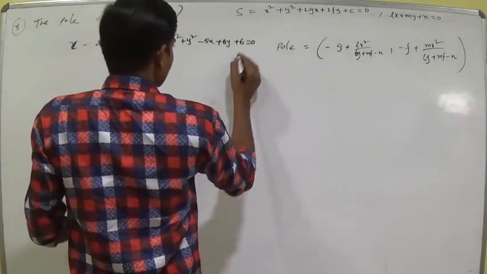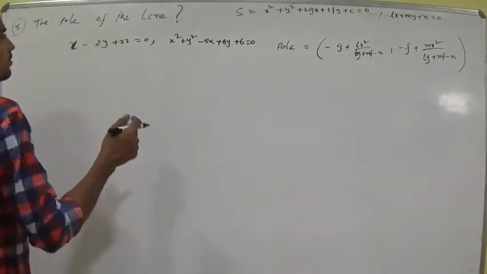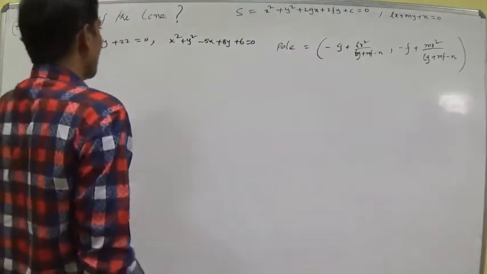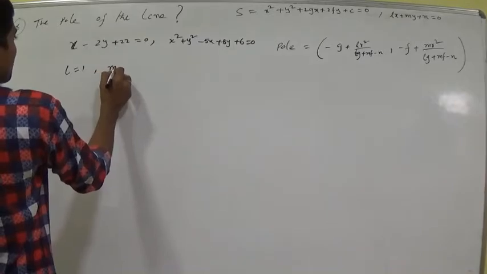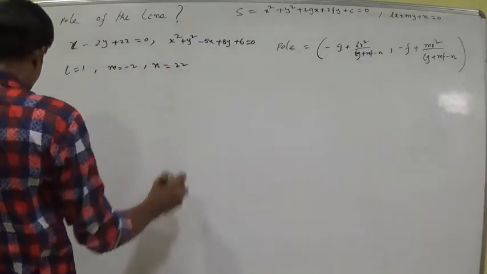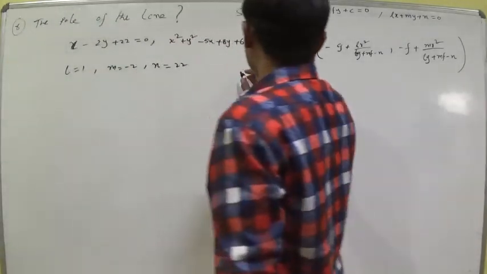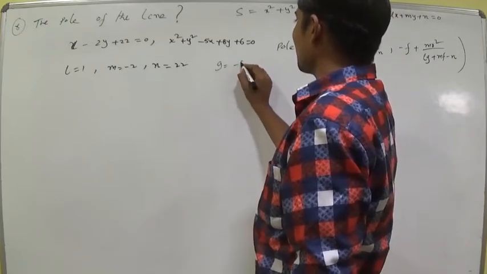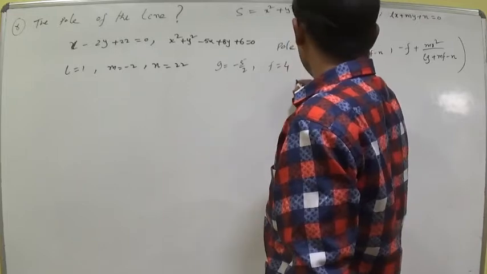We have to find the pole using the formula written here. So L equal to 1, m equal to minus 2 and n equal to 22, and g equal to minus 5 by 2, f equal to 4.